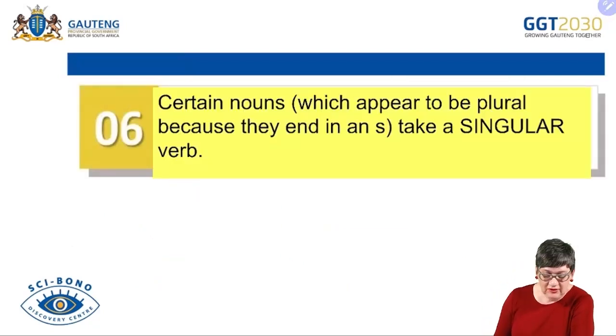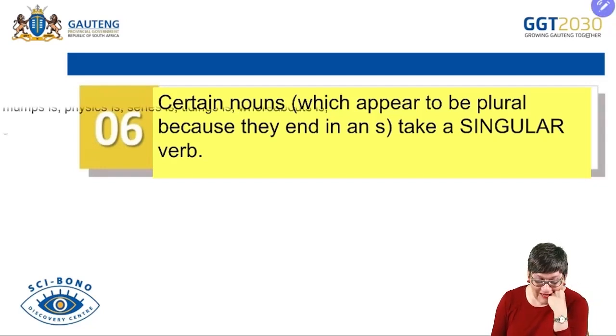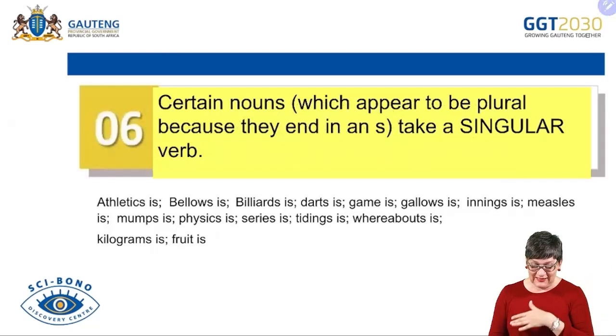Don't guess. Now, certain nouns might appear plural, but they're actually taking singular. And I can't explain to you why this is. You just have to know it. So look at these words. Oh my goodness. Athletics, measles, fruit, tidings, series, is.